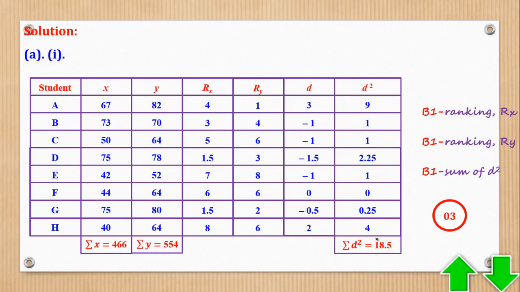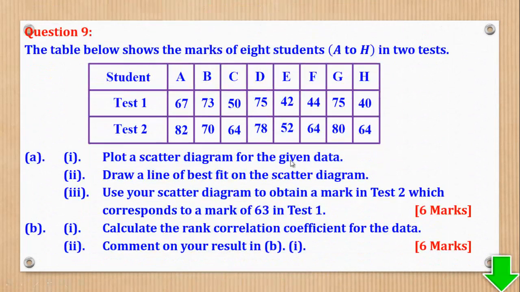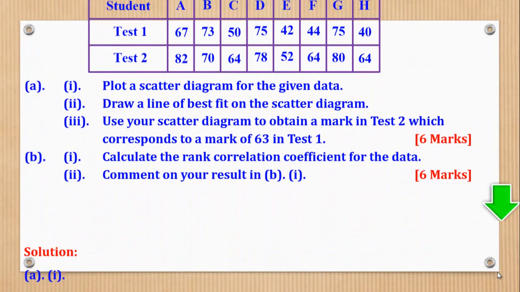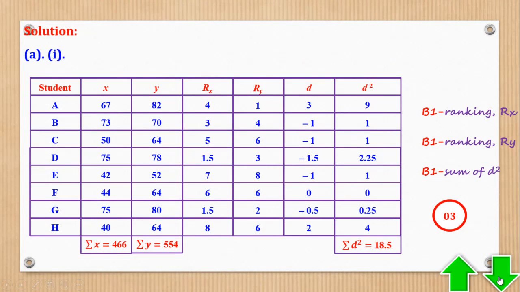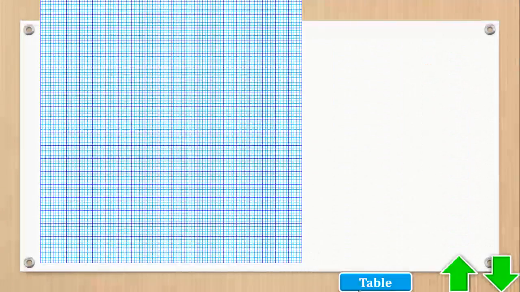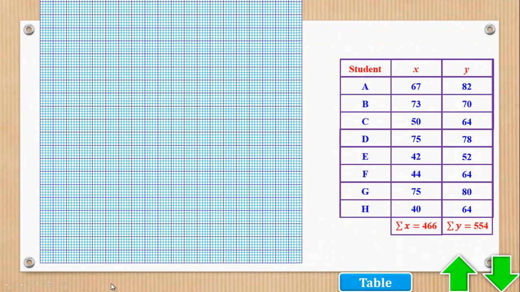So now that we are done with the tabulation, we can answer the questions. The first question was that we plot a scatter diagram for the given data. So there we shall need a graph paper. So we shall come here and get a graph paper. Then we need these values, so we shall choose a correct scale, draw the horizontal axis.